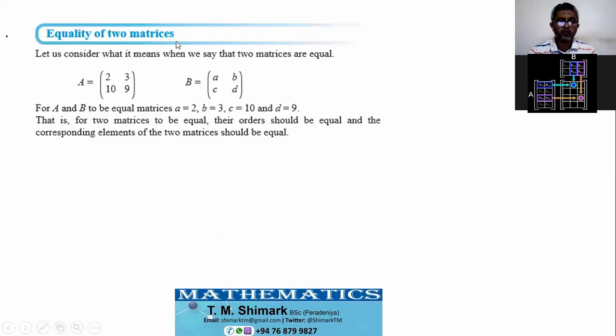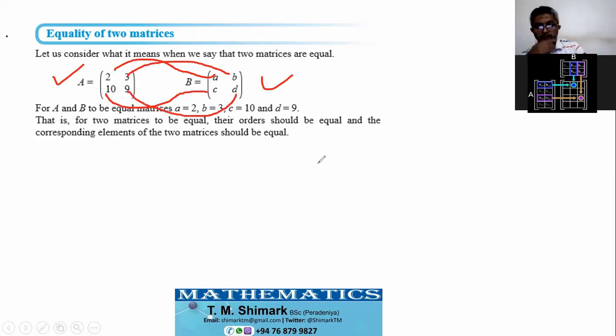Right, now equality of two matrices. Let's say these two matrices are equal. That means A, B, C, D can be given as A as 2, B as 3, C as 10, and D as 9. That's all. So if these two matrices are equal, then we can equate the corresponding elements.